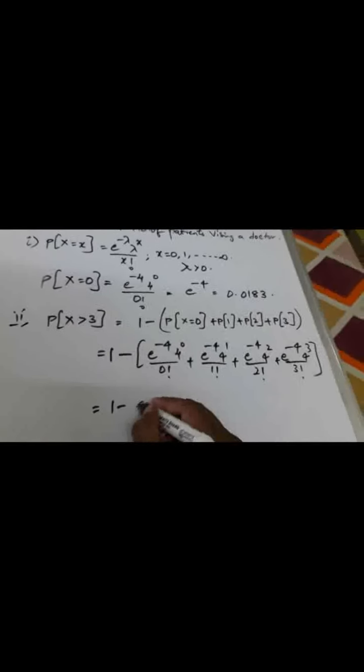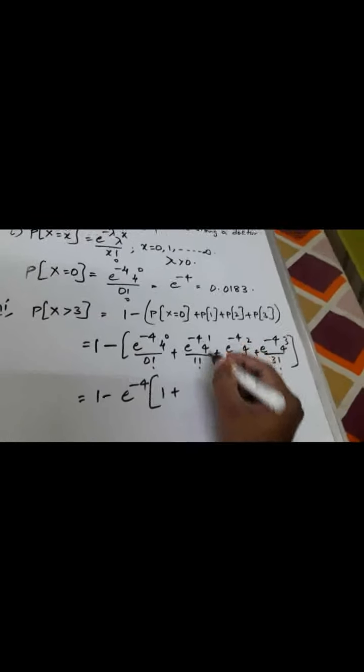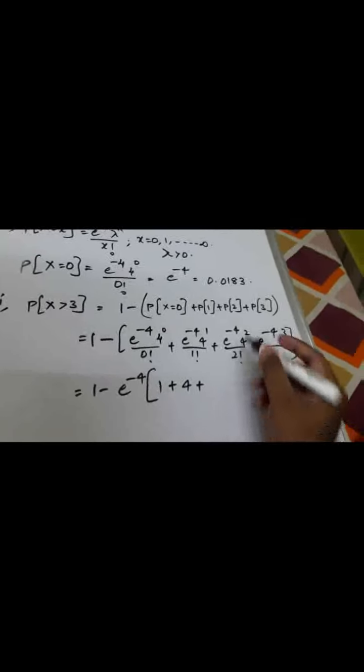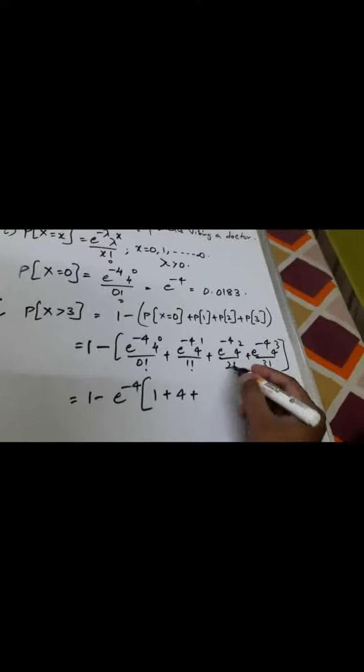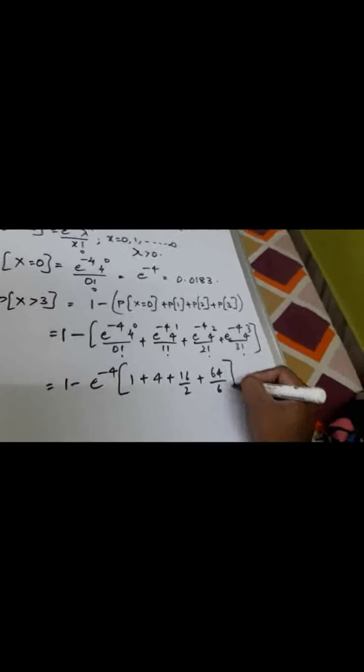So 1 minus of e power minus 4, you take it as common. 4 power 0 is 1. 1 plus 4 plus 4 square 16, 16 by 2, plus 4 cube 64 by 3 factorial, which is 6.